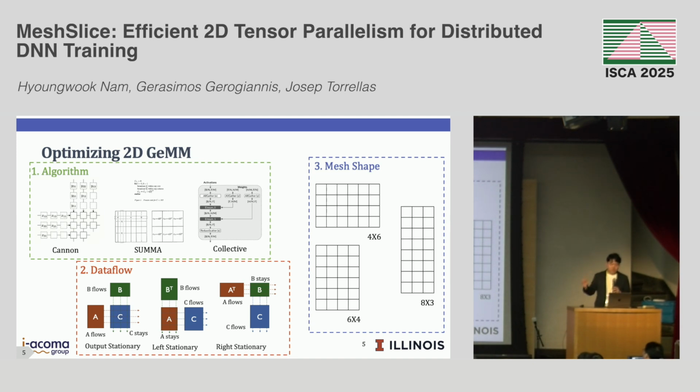Last but not least is the mesh shape, which means the number of rows or number of columns in the device mesh. The mesh shape is very important because it determines how much traffic you're incurring during the 2D GEM. Note that square is not always the best. You need to find a great shape for each GEM.